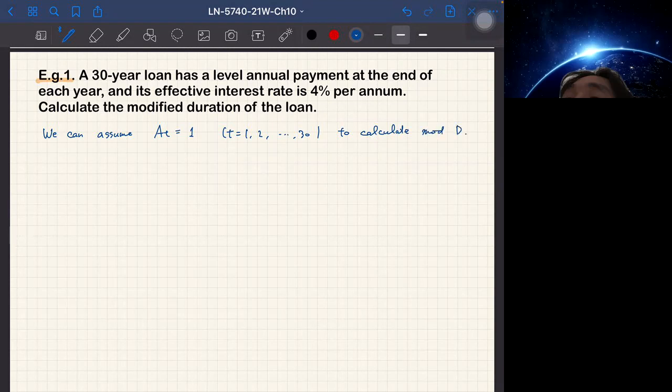So we can assume that a sub t is equal to 1 for all t's to calculate modified duration. Now we calculate the Macaulay duration first.